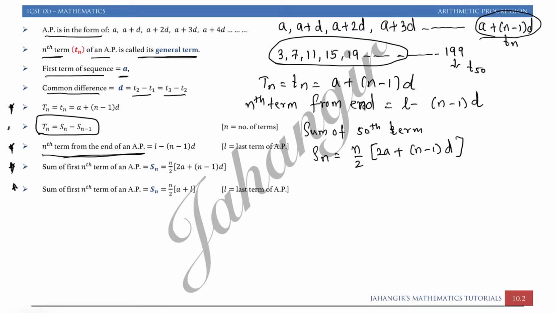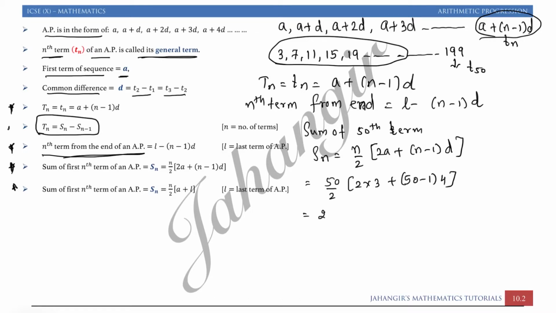If you know the first term, common difference and number of terms, then you can easily find it. So we will write n is equal to 50 by 2 into first term, that is 3, plus just substitute values, 50 minus 1 into d. D is what? Common difference, that is 4.